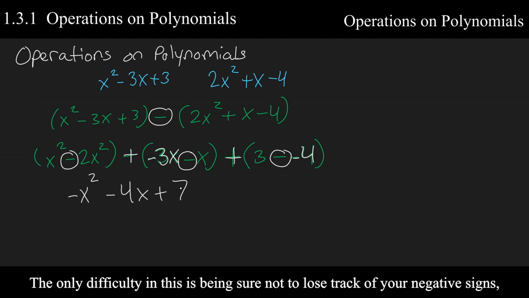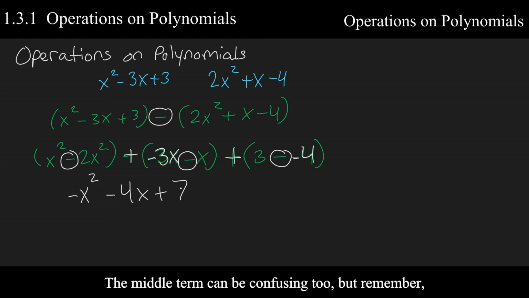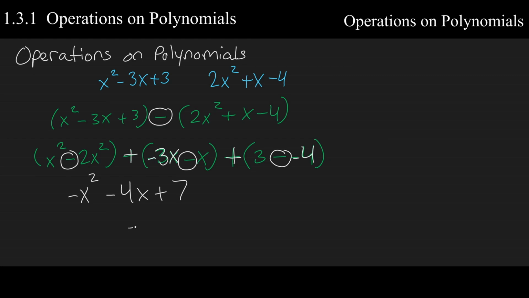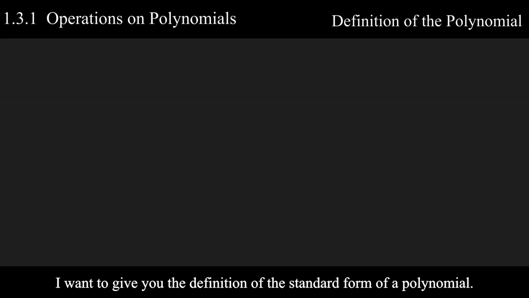The only difficulty in this is being sure not to lose track of your negative signs, such as the 3 minus negative 4, which becomes 7. The middle term can be confusing too, but remember that negative 3x minus x equals negative 4x.